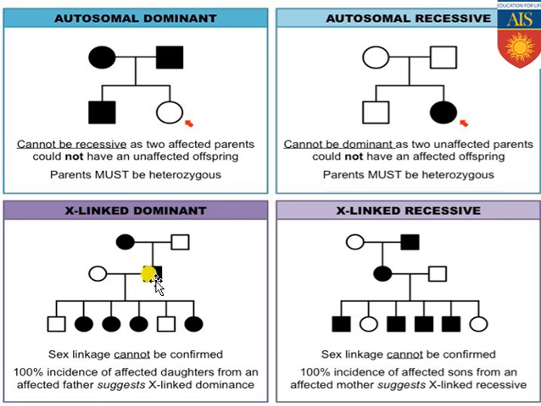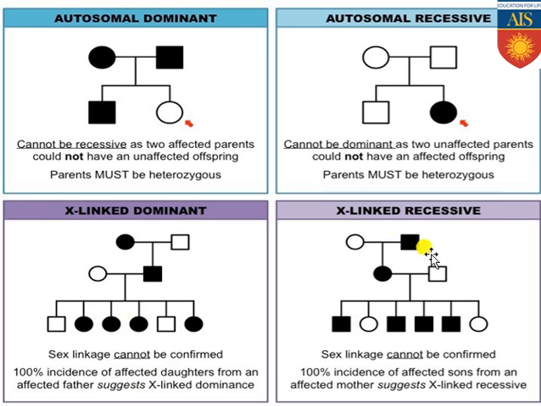When that son marries another unaffected female and produces the next generation, 100% of the daughters are affected. That means the transmission of the trait or disease is happening from mother to son and then father to daughter. So this is obviously a transmission related to the X chromosome and a dominant trait. That's why affected individuals can be found in each and every generation, and that's why it is X-linked dominant.